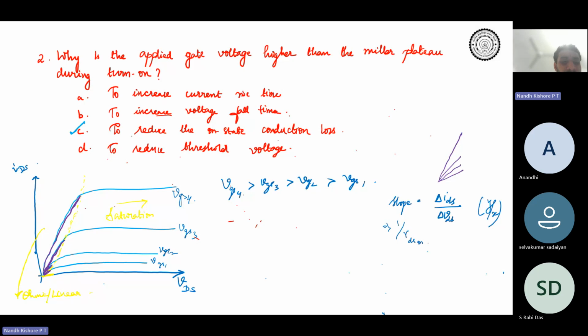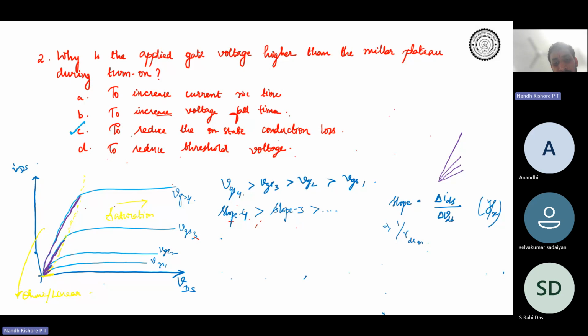You see that for a higher value of gate source voltage, the slope is increasing. Slope for VGS4 is more than slope for VGS3, and so on.